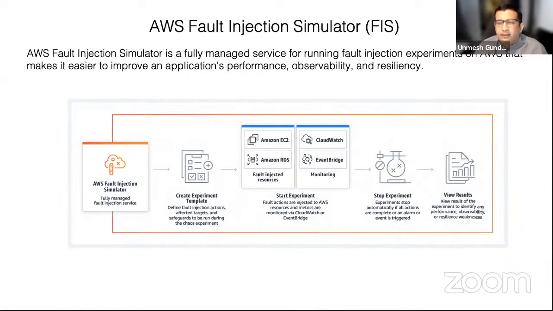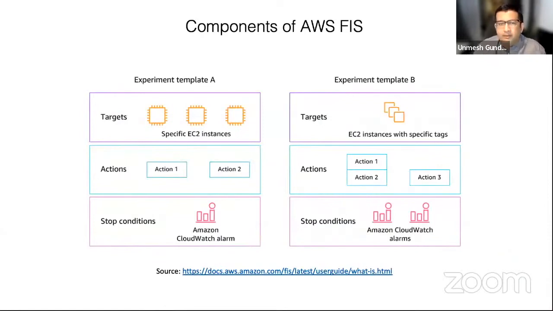In that experiment template, you define what action you want to simulate, and you use CloudWatch, which is AWS's metric collection system, to define at what point we need to halt the experiment. Especially in a production or staging environment, you also need to think about what stop conditions or halt conditions you need to have as part of your experiments.